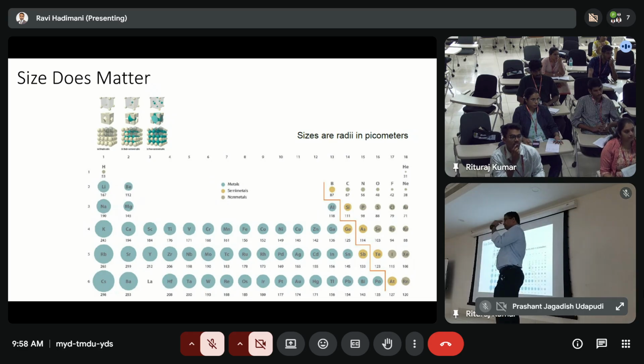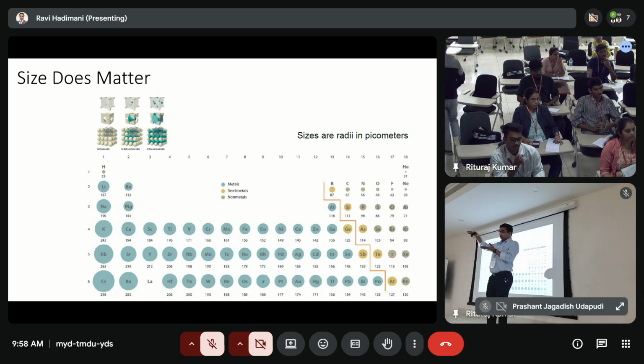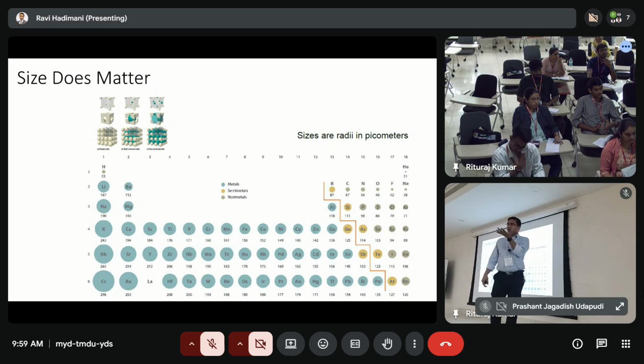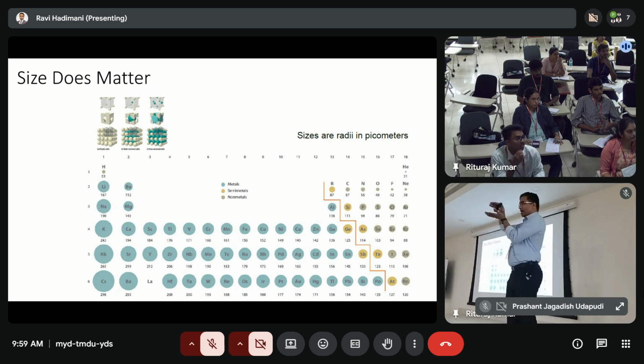So the atoms or molecules you are depositing go and sit on another layer of atoms. Now if there is a large mismatch between the atoms of the substrate and the atoms you're depositing, what happens?